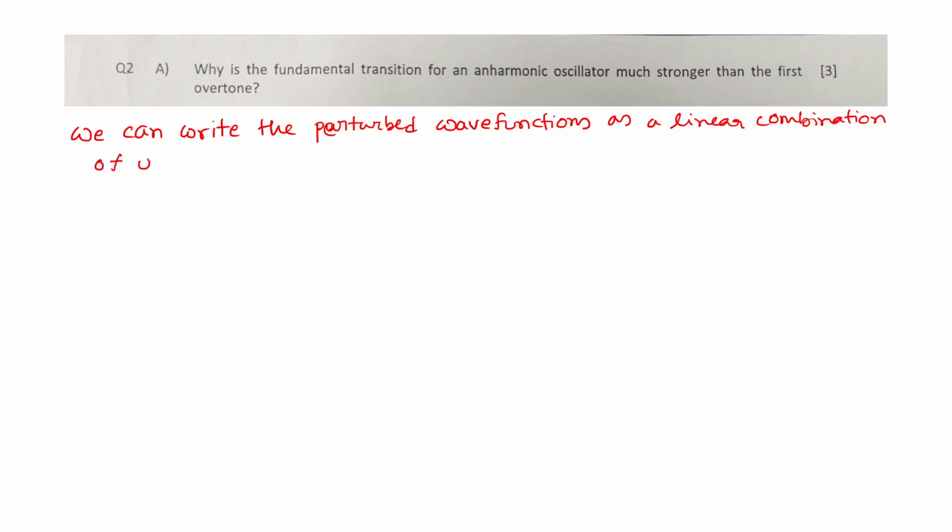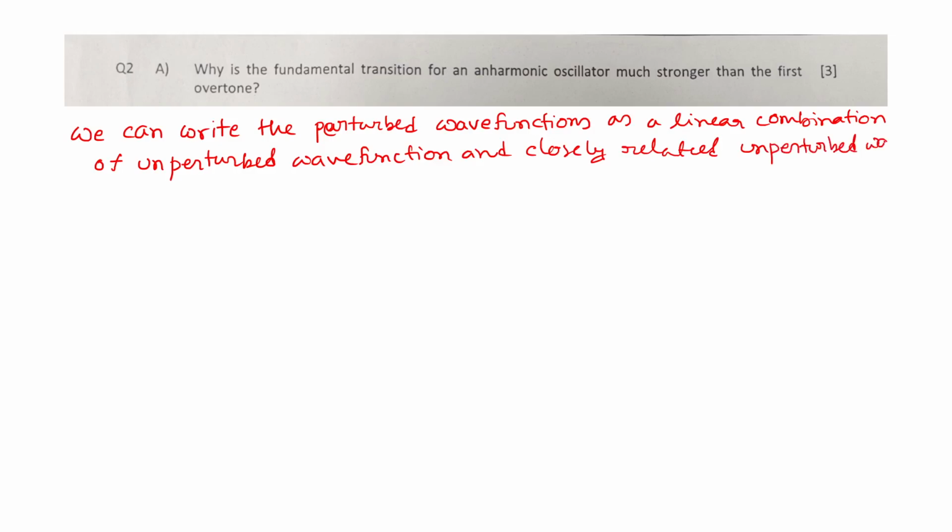Why can we do this? We can write it in terms of a linear combination because these unperturbed wave functions form the complete basis set of this Hamiltonian.